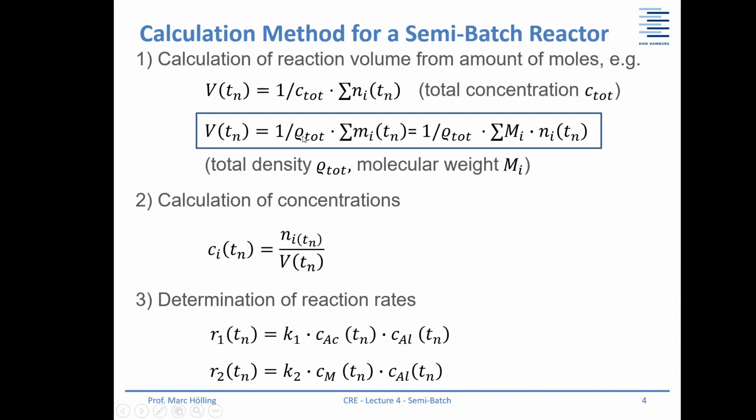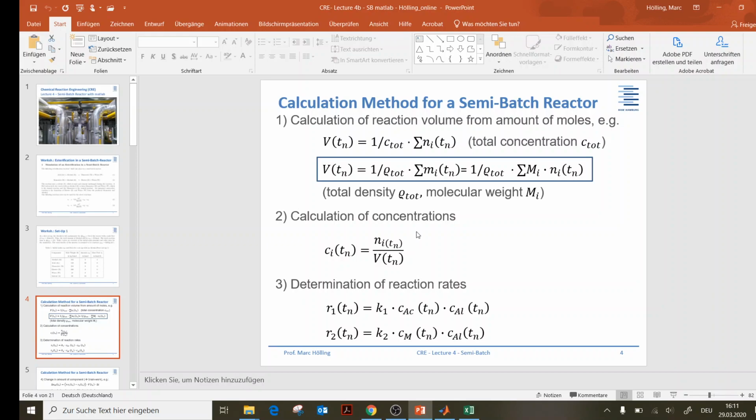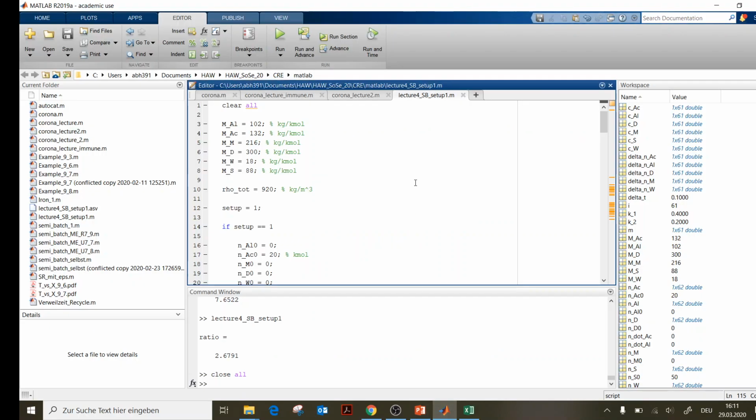So it must be 1 over the total density. And the same for the concentration, but in the programming we use this one here. Okay, basically that's it. And then let's have a look at the code that I created.